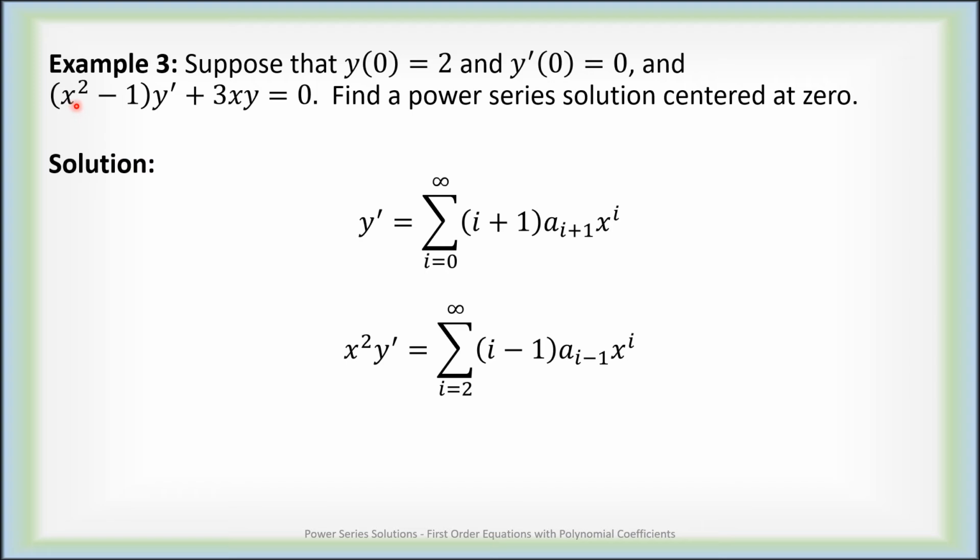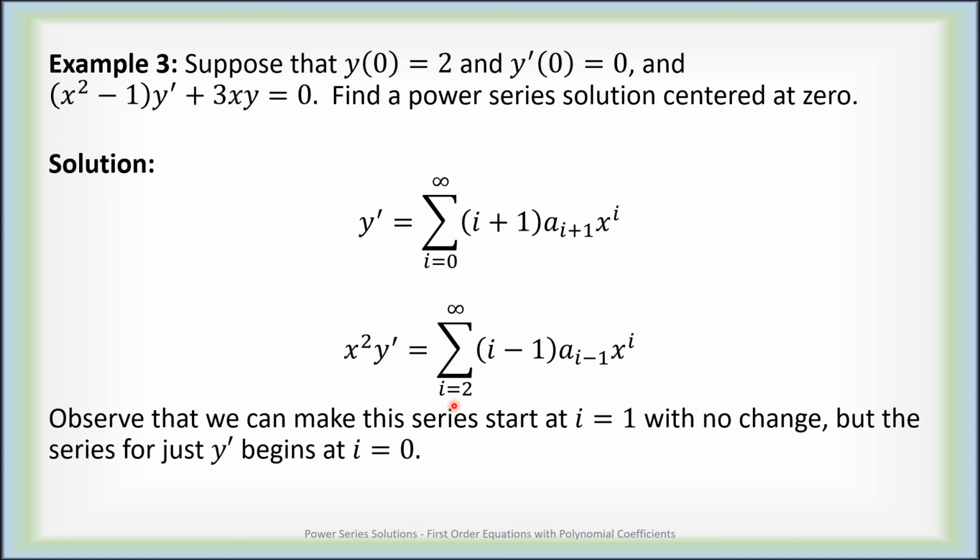Ultimately, I want to take the one for x squared y prime and subtract y prime. But these two series start at different indices. So I can't just go ahead and say, take this and subtract that without worrying about where the indices are. However, this sum right here can begin at i equals 1 without changing anything, because the predicted formula here, if I plug in i equals 1, would be 0 anyway.